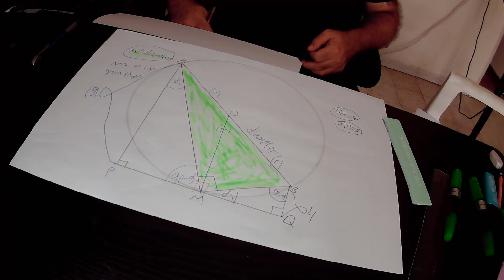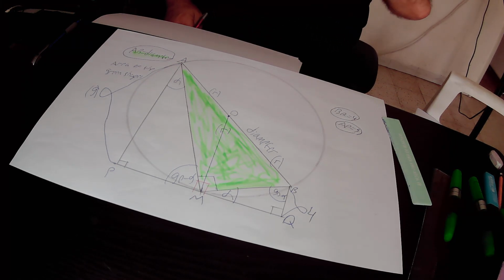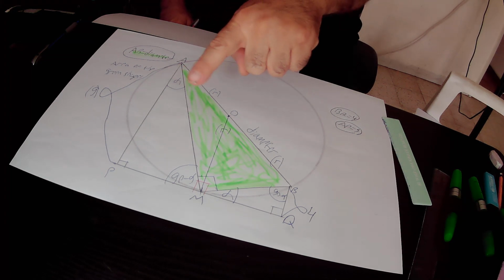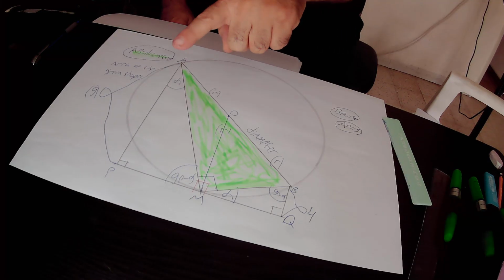In the next step, we'll do a construction. From point O, the center of the circle, we'll draw a perpendicular on side AP.